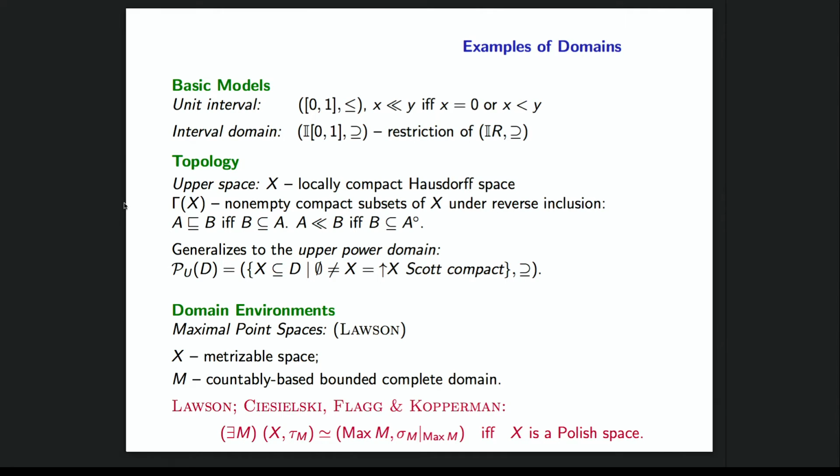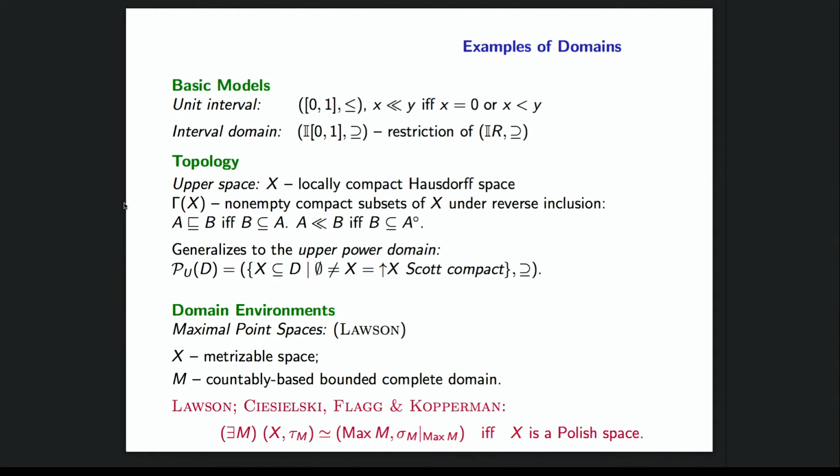Another point I want to make is about what are called domain environments. So the idea was, if you're going to do some computation on a space, say you have a Polish space where your computation's taking place, you'd like to embed it nicely in a domain and use the domain structure to do some approximation, some computing. And so the setting for this is what are called maximal point spaces, an idea first studied by Jimmie Lawson, or at least explicated.